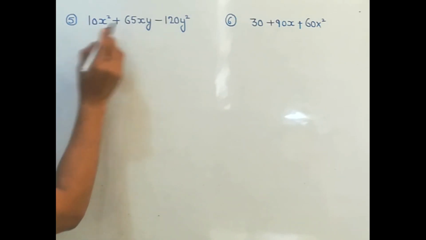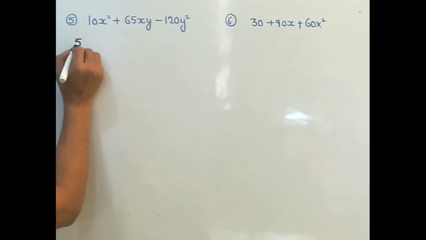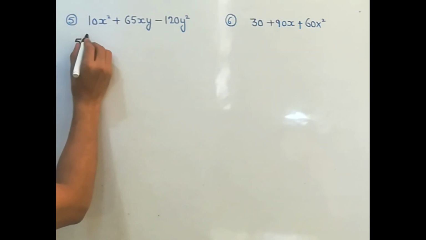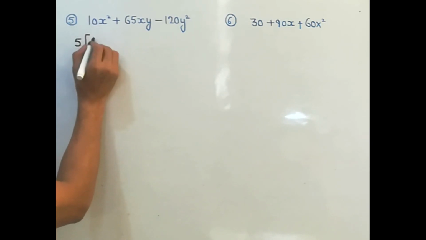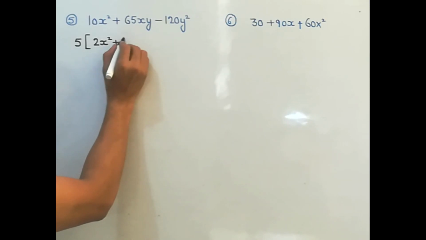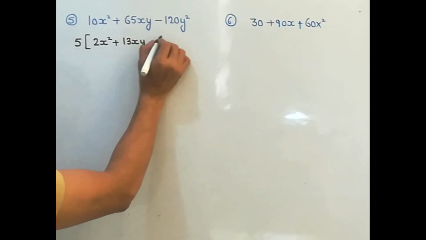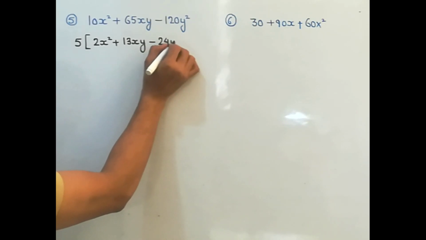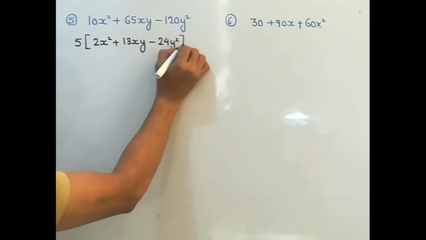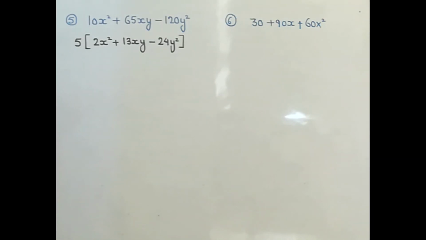So here you can see we can take 5 common first of all. If you take 5 common from here, you will be left with 2x square plus 13xy minus 24y square.